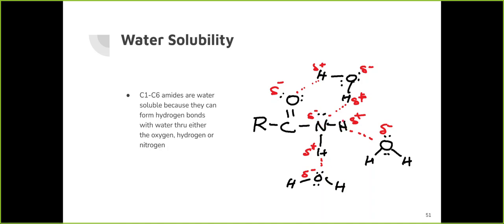And then you can have this nitrogen on this one being attracted over to the oxygen on this water molecule, and so forth and so on. When you get larger chains, it gets harder for these bonds to happen. The water molecules can't get in there to make these kinds of bonds, and so they won't be as water soluble. So that's why it's with smaller size chains.